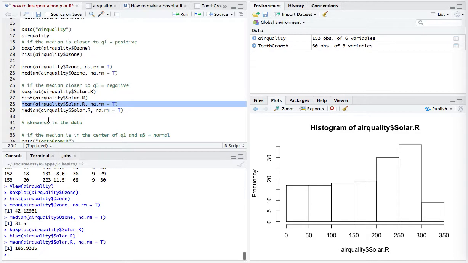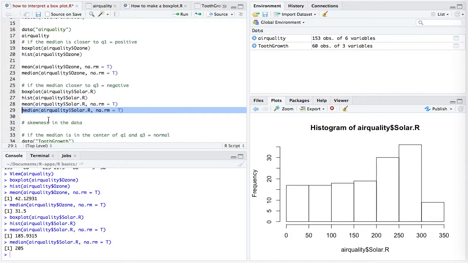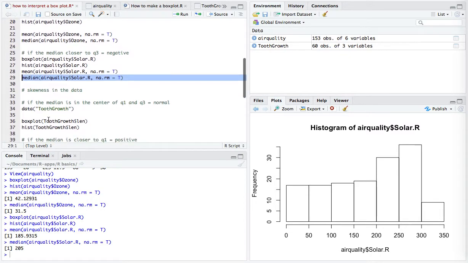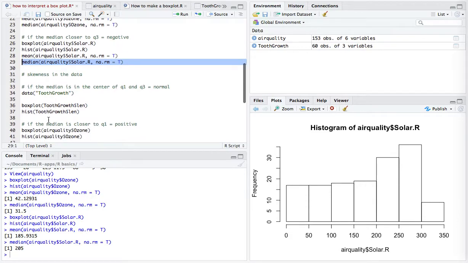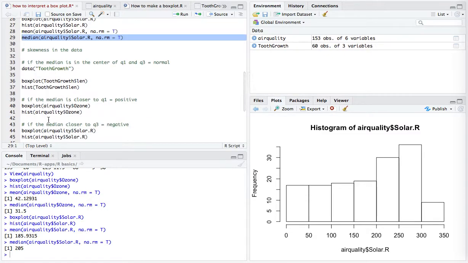And if I look at the mean, it's 185 and the median is 205, and so the median is greater than the mean. This is another type of possibility in a data set. So a box plot helps you understand the skewness of the data and helps you see the distribution of the data.